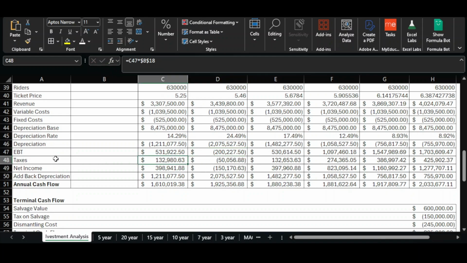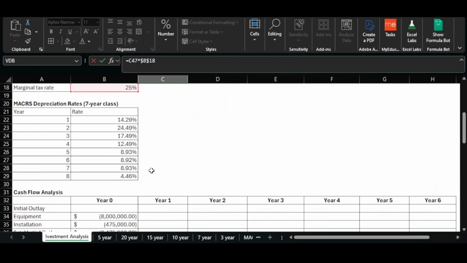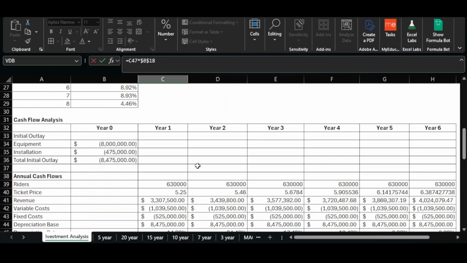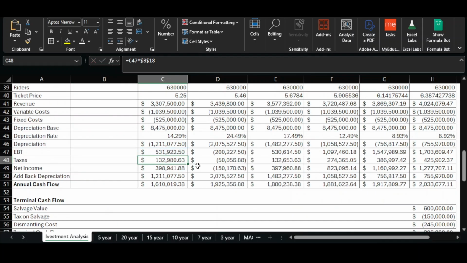Now let's go to the next line item in this cash flow analysis, taxes. Taxes is simply measured by what you get as an EBT, which is above it, multiplied by the standard parameter, the marginal tax rate. That's the standard formula for taxes when it comes to investments. And that's the same value over here, and here, and here, and here, and here.